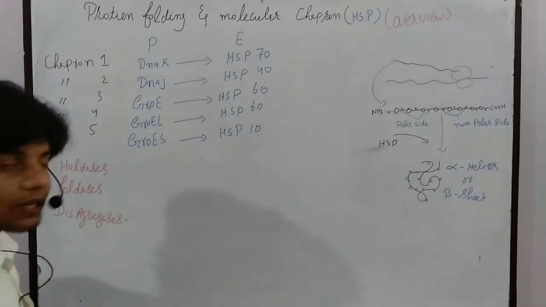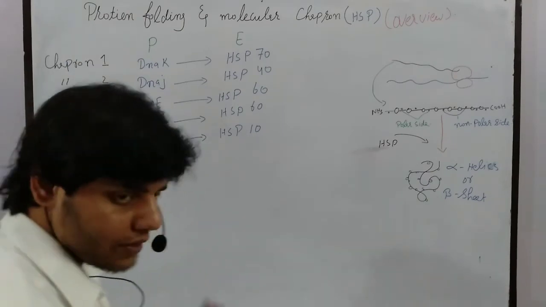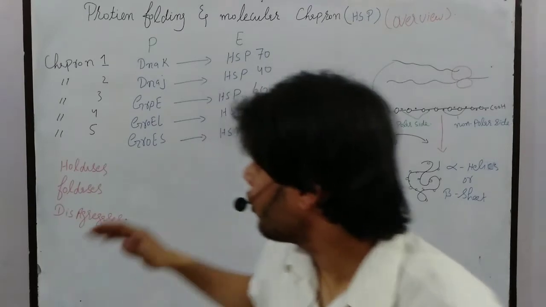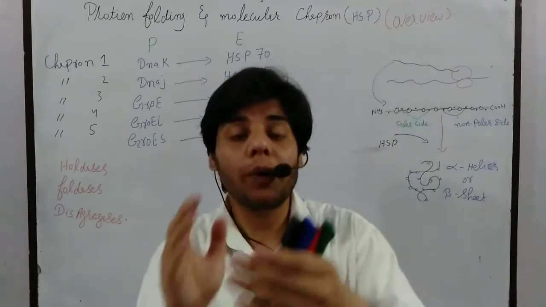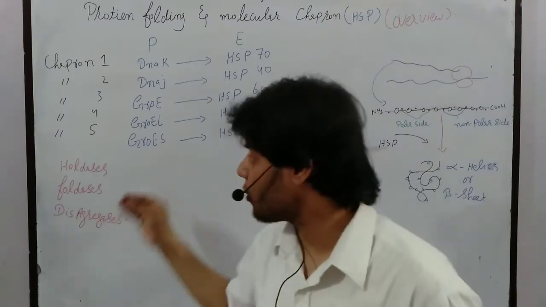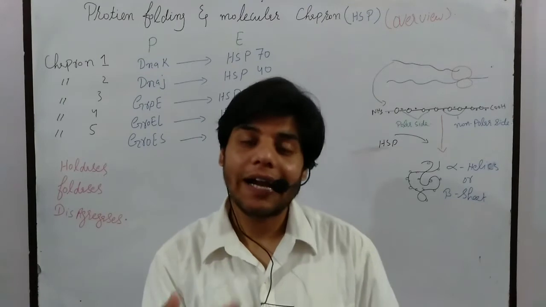So these are some other types. As the name indicates, Holdases are those kinds of molecular chaperones which help the protein to hold, or to prevent it from degradation. There are a lot of molecular chaperones which are responsible to prevent the protein from degradation.